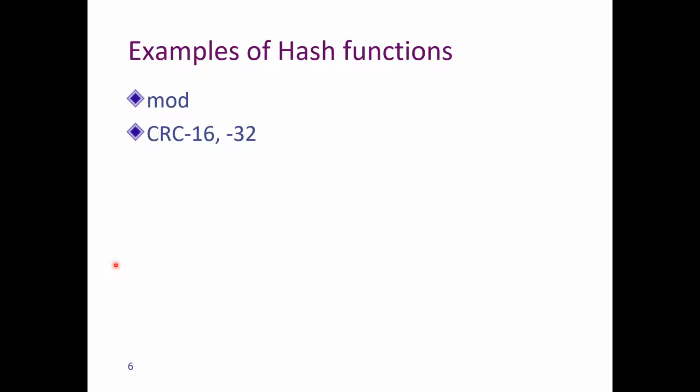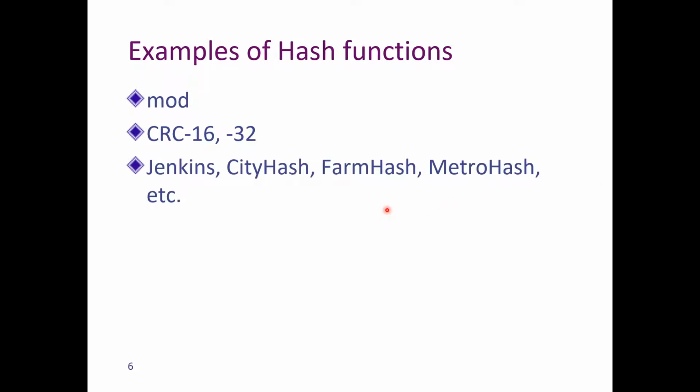CRC16, CRC32. This is a cyclic redundancy check, I think. They also can be used as hash functions. What else? There could be many other more sophisticated hash functions like Jenkins, city hash, farm hash, metro hash, developed by researchers and different software engineers.